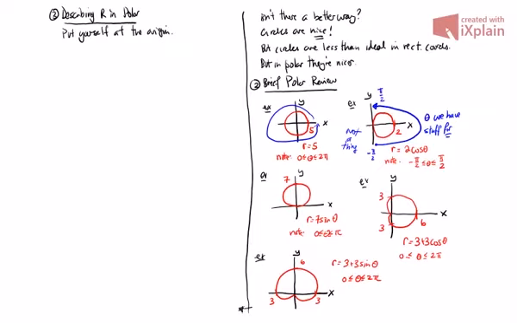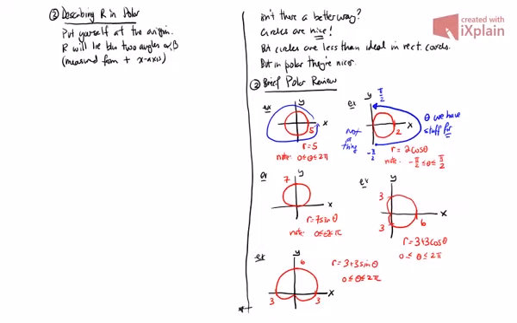Then the way it works is as follows: you'll have two angles, alpha and beta, that the region lies between. Remember, those are measured from the positive x-axis.